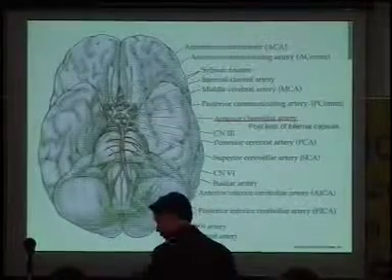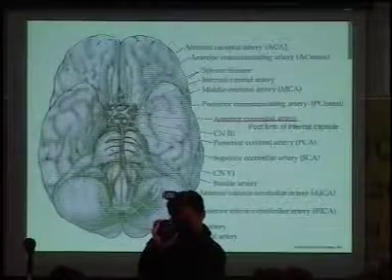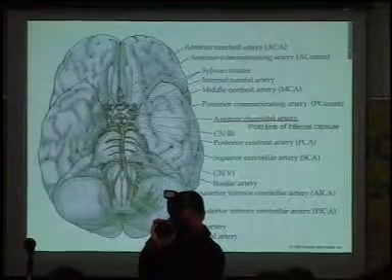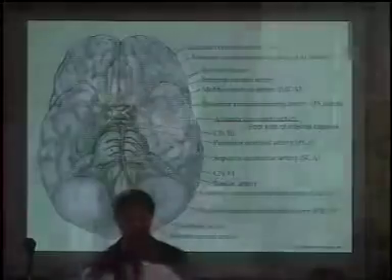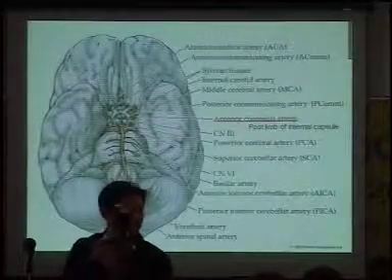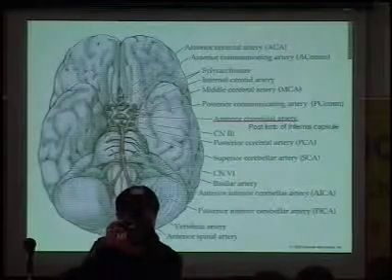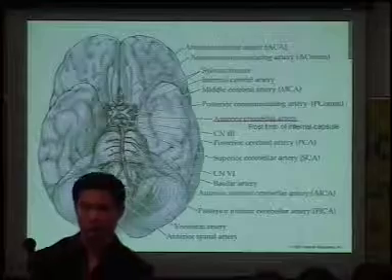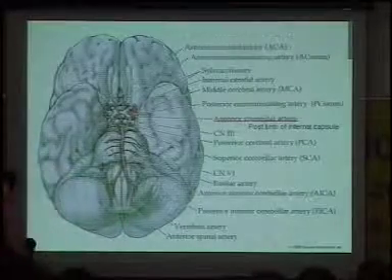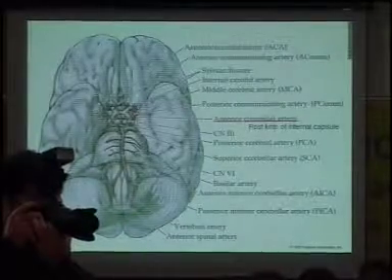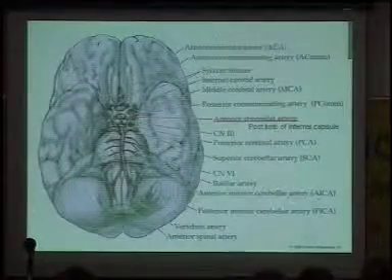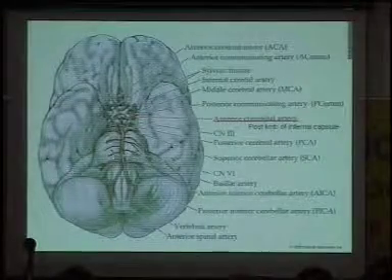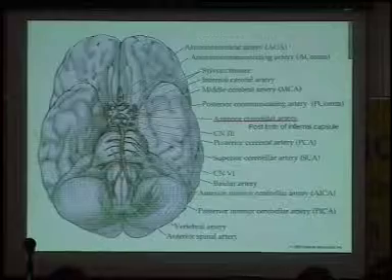It goes right back, and in the temporal lobe, it's responsible for forming the choroid plexus. As it goes by, it passes the optic tract and the cerebral crus. It supplies part of that optic tract and the cerebral crus, which are right together.